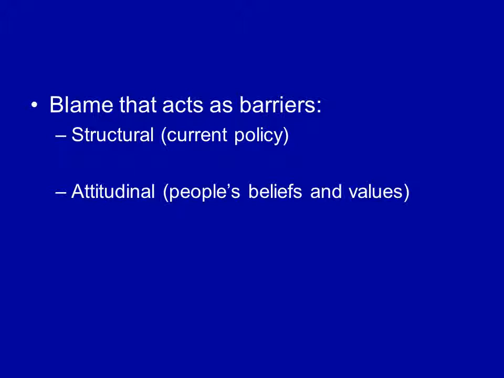One type of barrier that we often see are structural barriers. That there are current laws that exist, and perhaps those laws have become outdated or outmoded, or various public officials see their hands tied because of the policies that currently exist.